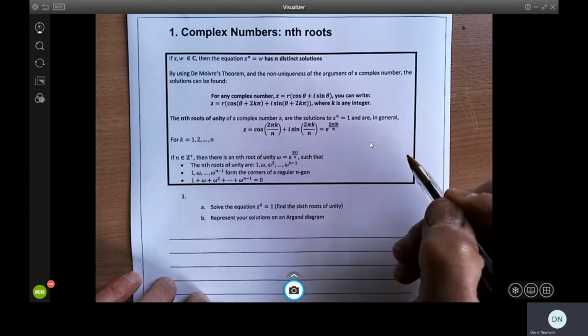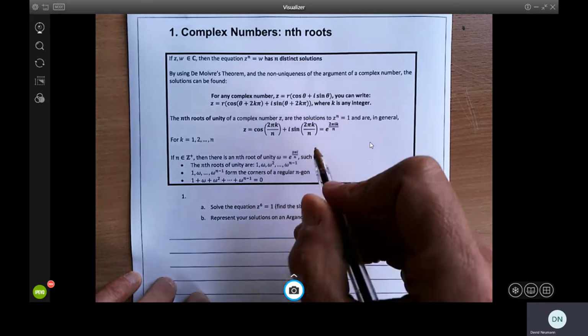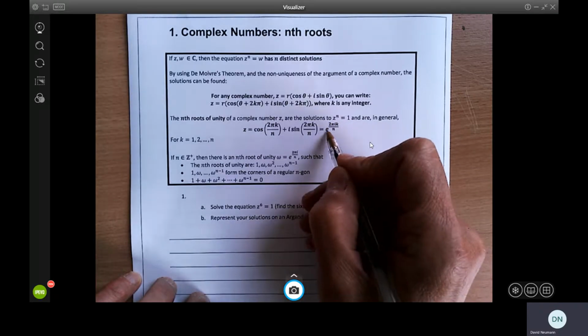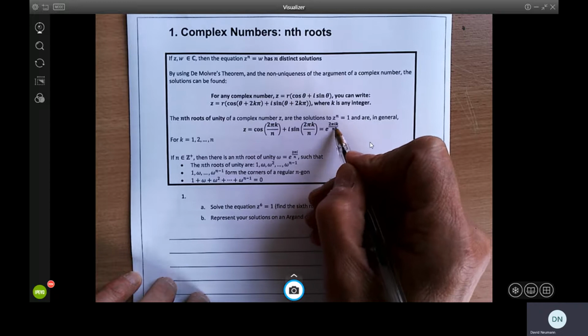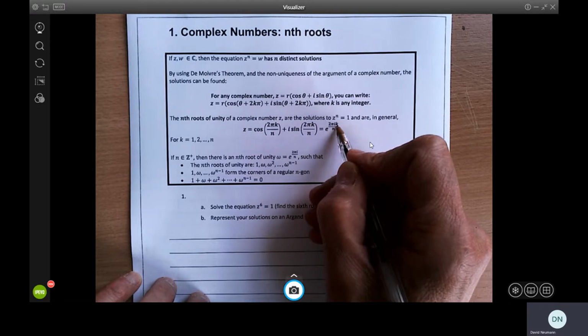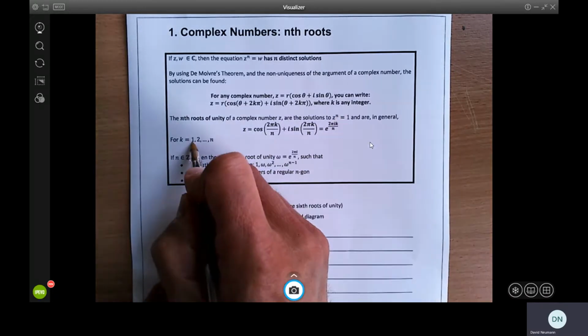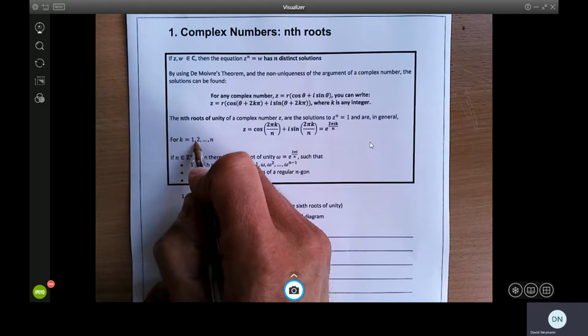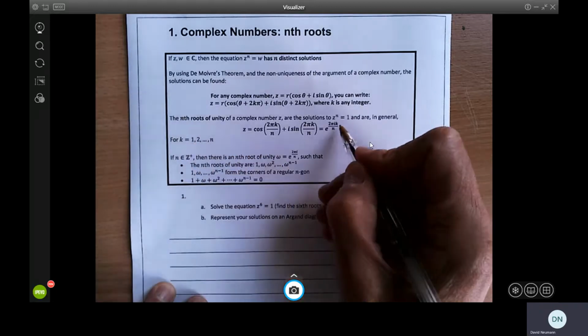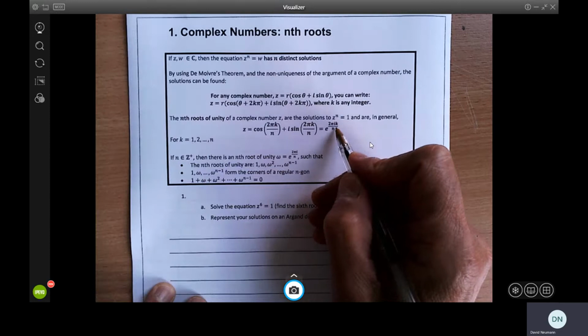So there are n roots to that equation, and they come in the form e to the power of 2 pi i times k divided by n. So n is this number here, and k is the number going from 1, 2, 3 up to n. So it's any of those values. So this gives us our n solutions.